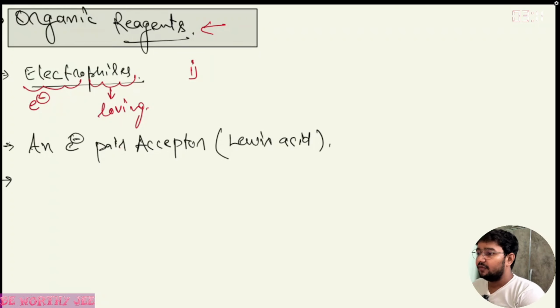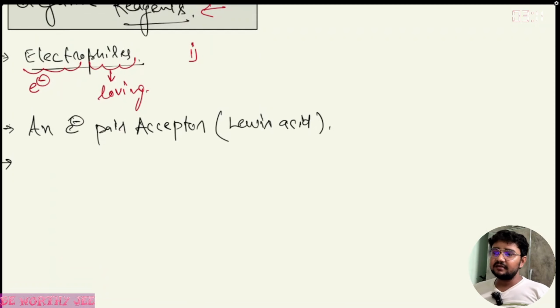The definition of a Lewis acid is a substance which accepts a pair of electrons, while other acids like Arrhenius acid and Bronsted-Lowry acid, which you studied earlier, are defined by the ability to donate a proton, like H plus, in the solution. I should mention that here to revise.